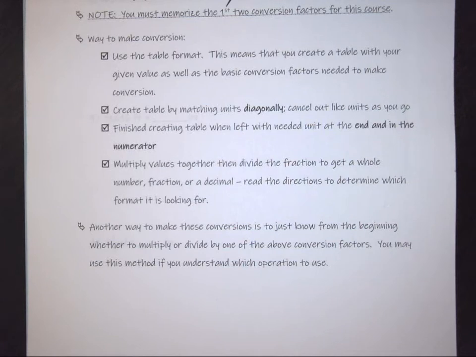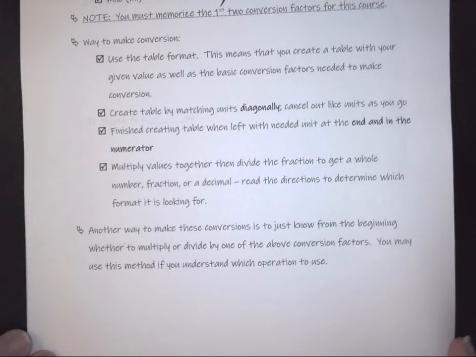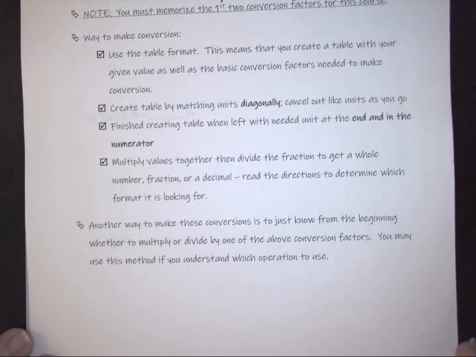Now, in order to create your table, you need to make sure that you match your units diagonally, meaning if in your first column you say had inches on the top, then in your second column you need to have inches on the bottom. Okay? When you multiply together, you're looking that your conversion unit is going to disappear and leave behind the unit that you wanted.